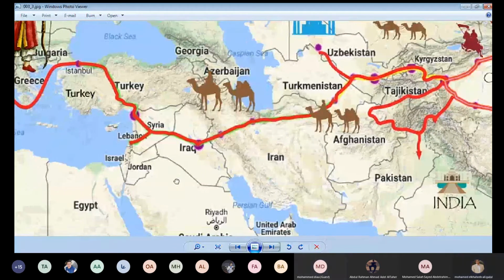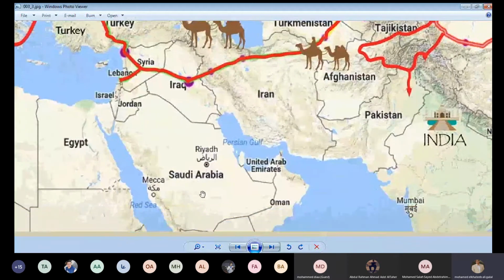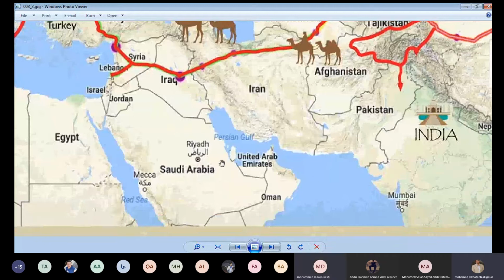Let me give you another example from our modern world. We are here in Saudi Arabia. Maybe some of the people living there in the Emirates want to go to Egypt. For example, they will go using their own cars. So they want to travel to Egypt.